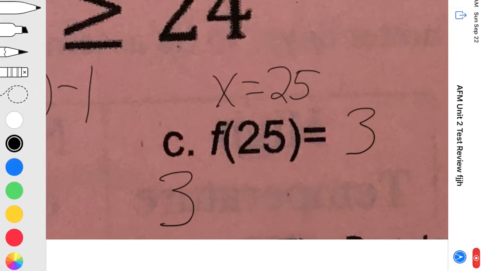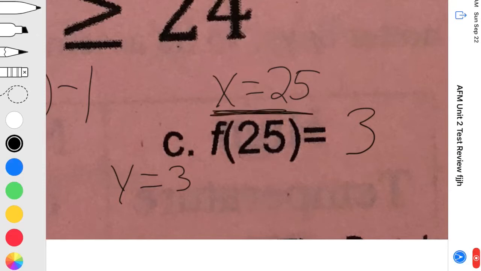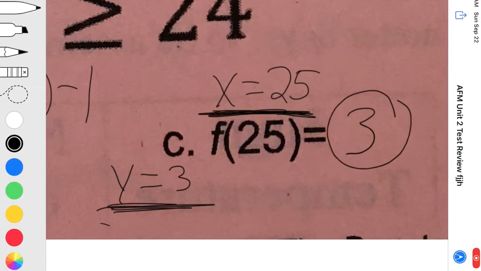What this is saying, kind of to visualize this, is the actual equation goes y equals 3. Well, if our x is 25, our y is 3, so our answer is 3. Anywhere on the equation y equals 3, it does not matter what x is given, our y is always 3. That is why the answer is what it is.